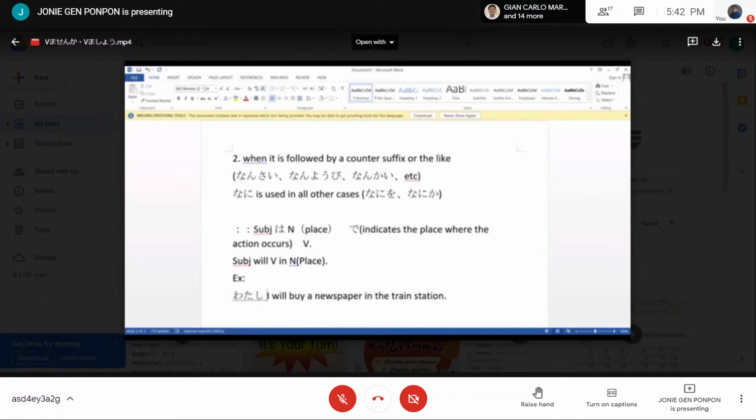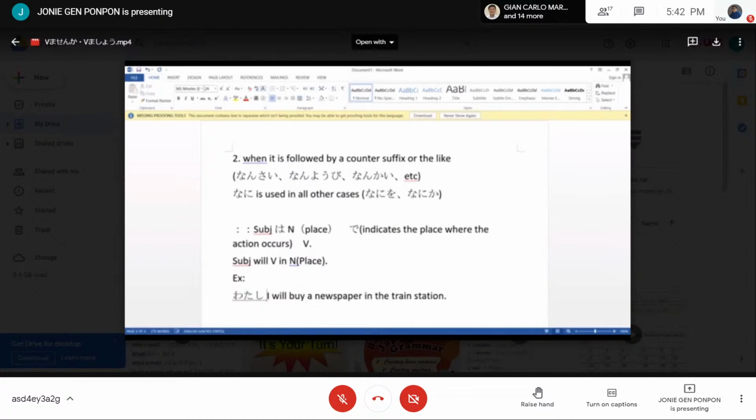The expression, verb and then masenka. Okay, so this one is an expression used by someone who wants to invite someone to do something. How to say this?